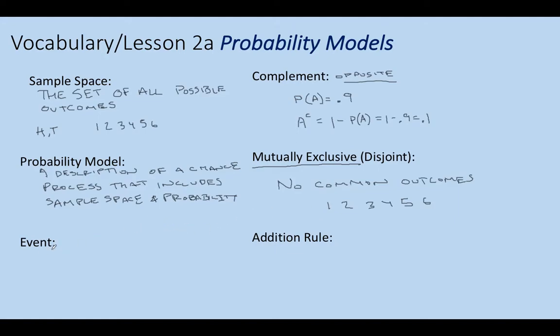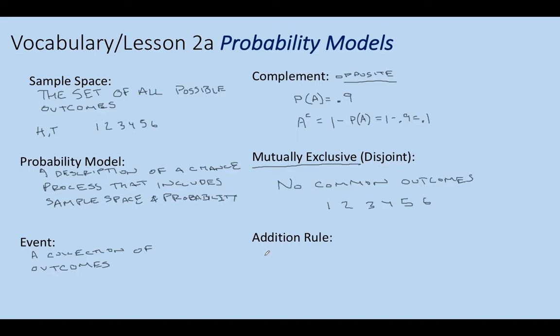Let's see, an event. Basically, an event is just what you're trying to find the probability of. But formally we'll say it's a collection of outcomes. All right, and then finally, the addition rule is the big theme for today, and it deals with mutually exclusive events.